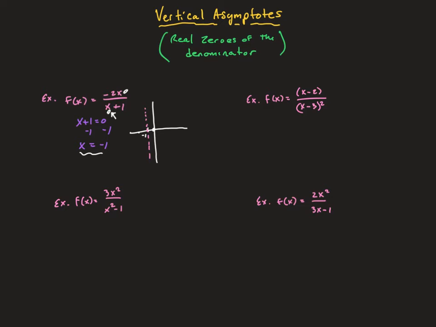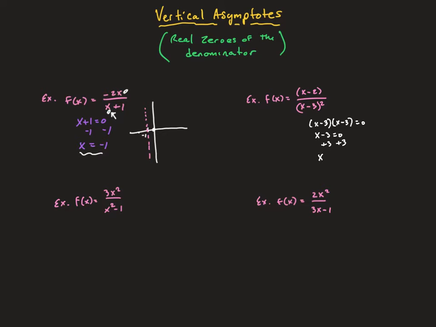Looking over here, the denominator is x minus 3 squared equal to 0. We don't need to do this, but I know that x minus 3 squared equal to 0 means x minus 3 equals 0, so plus 3 on both sides.